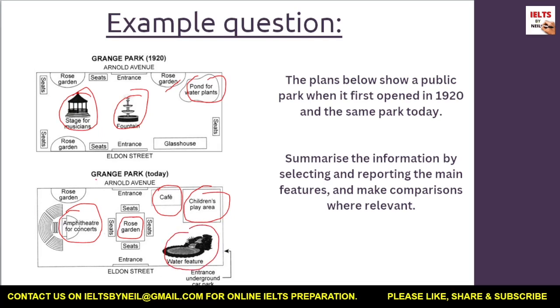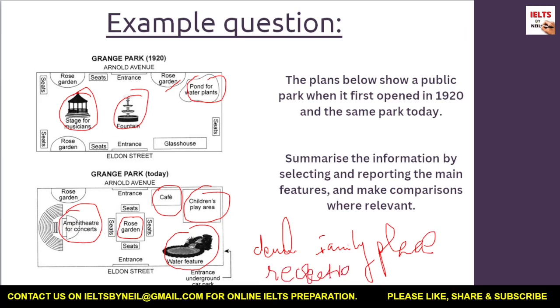Okay, so all these things are giving us an indication that the park has been developed into a family entertainment place, okay, mainly for recreation, right? We can say it's a general idea, right?